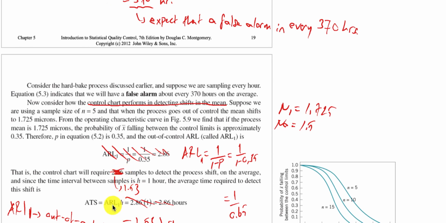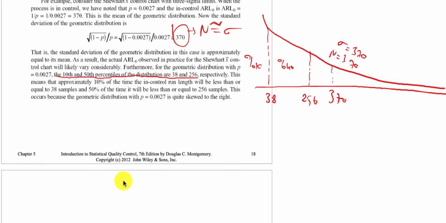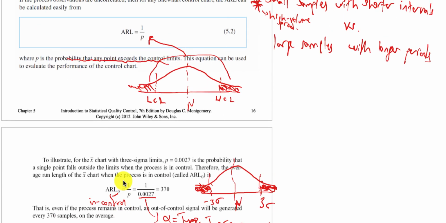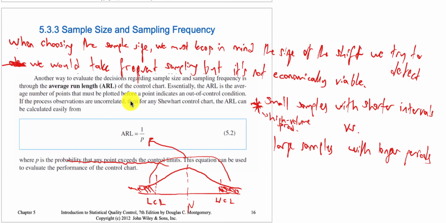These are different average run length computations. Be careful about it. So here, for average run length, we are going to calculate 1 over p. What is it? The p is the probability that any point exceeds the control limits. These are the control limits we have, upper control limit and lower control limit, and we have some probability for that.